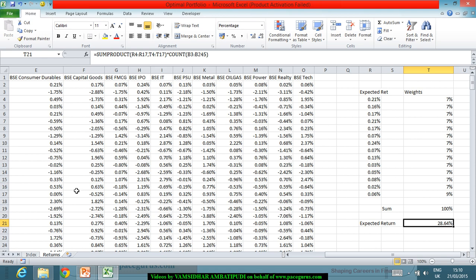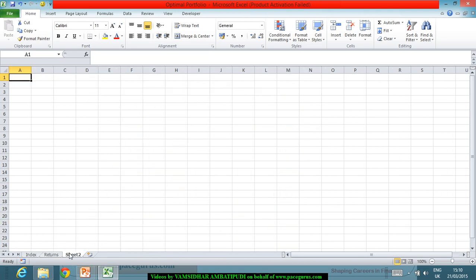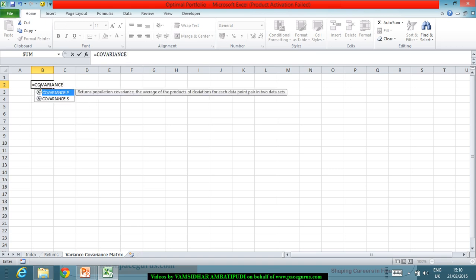And to compute the risk, I require a variance covariance matrix. What is the way to get the variance covariance matrix? I'll simply use the formula covariance.